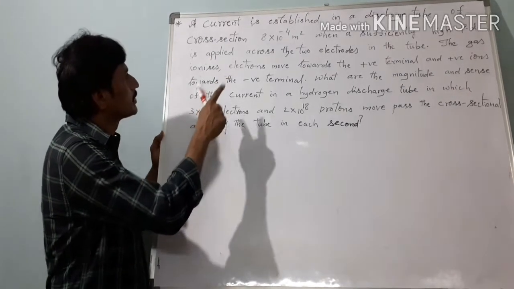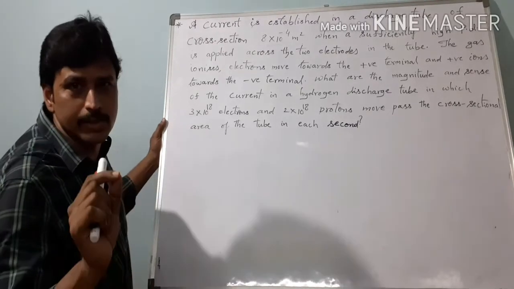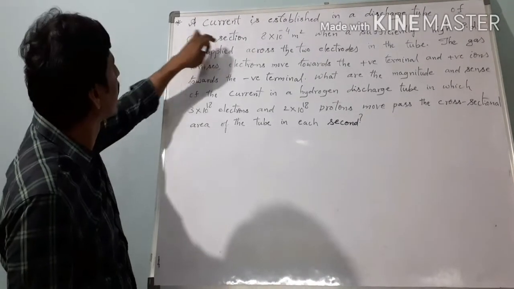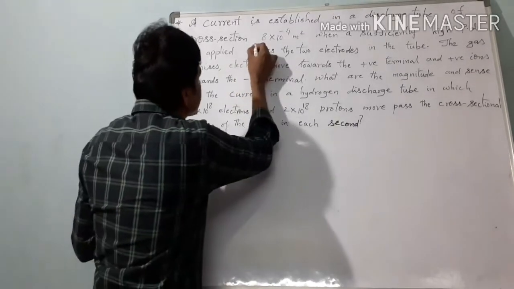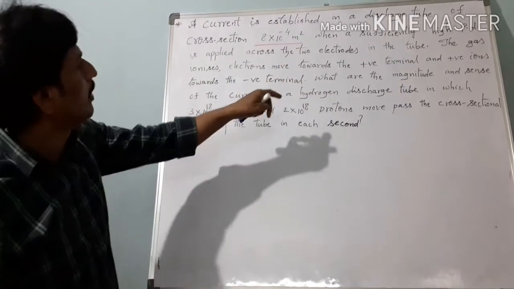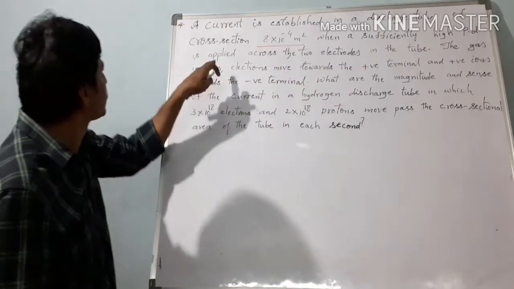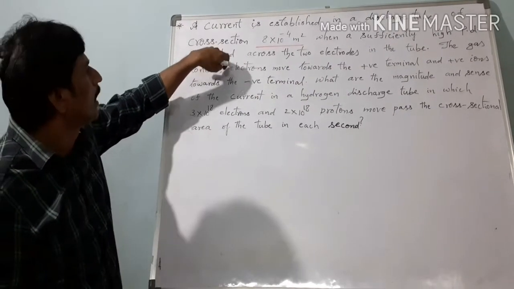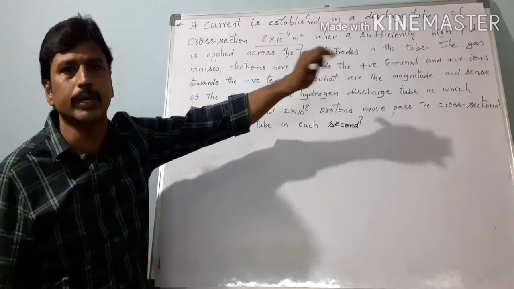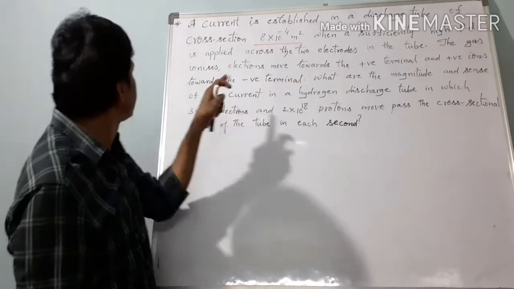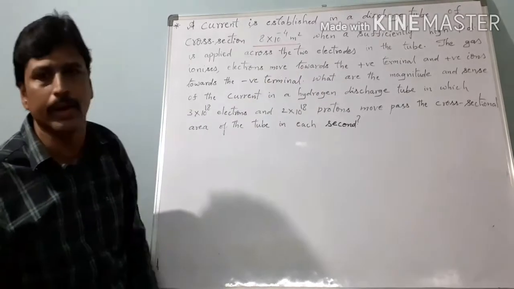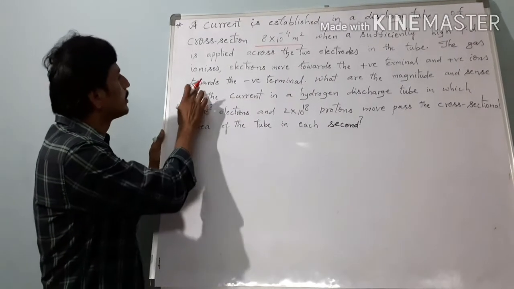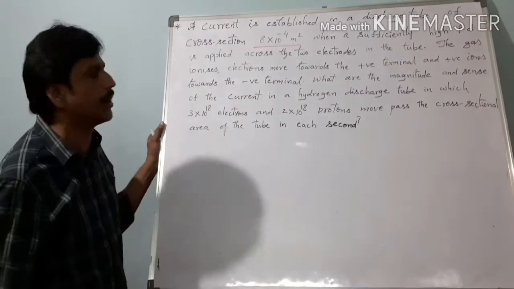A current is established in a discharge tube of cross section 8 × 10^-4 m². When a sufficiently high potential difference is applied across the two electrodes in the tube, the gas ionizes; electrons move towards the positive terminal and positive ions towards the negative terminal.